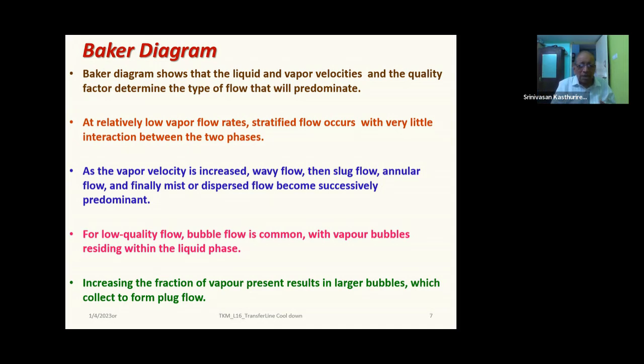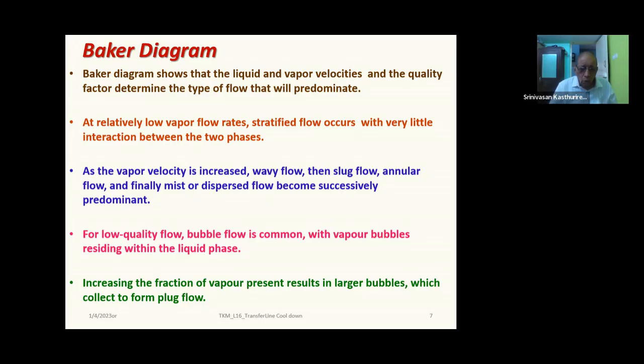That is called stratified flow, sometimes also called laminar flow. Now if we keep increasing the vapor velocity, you get wavy flow, then slug flow, then annular flow, and finally mist flow or dispersed flow becomes successively predominant.